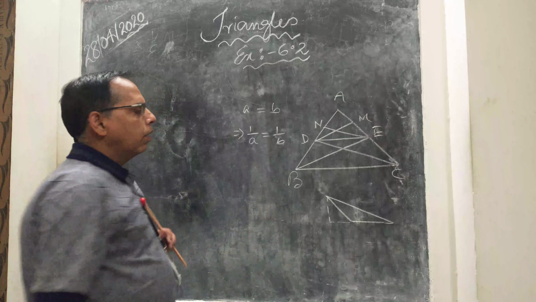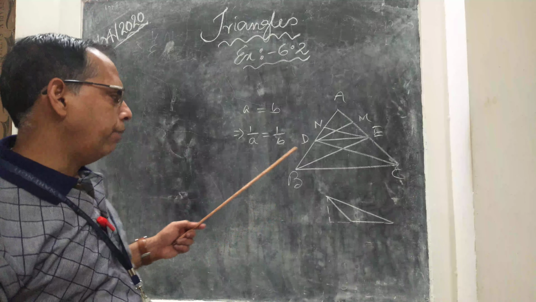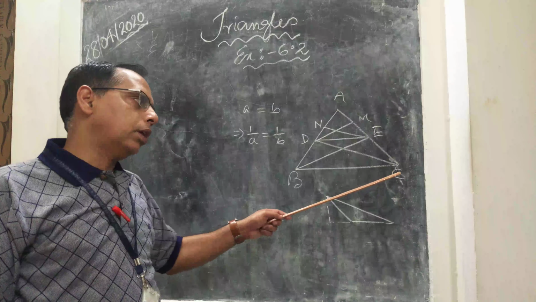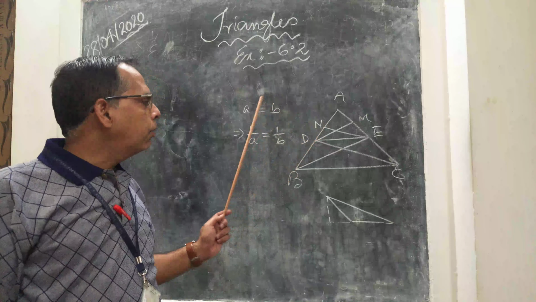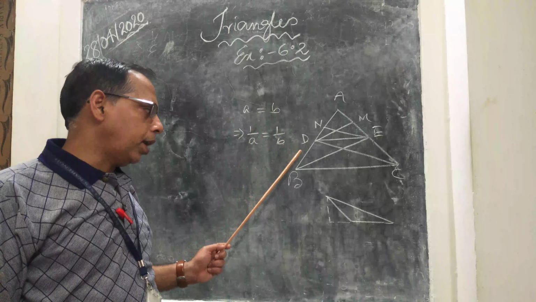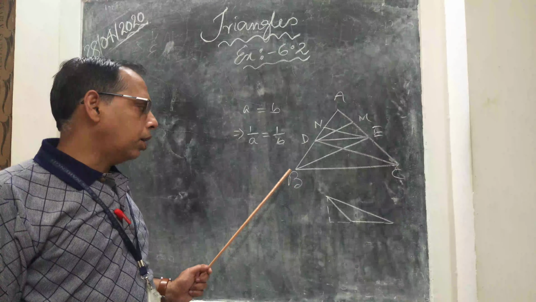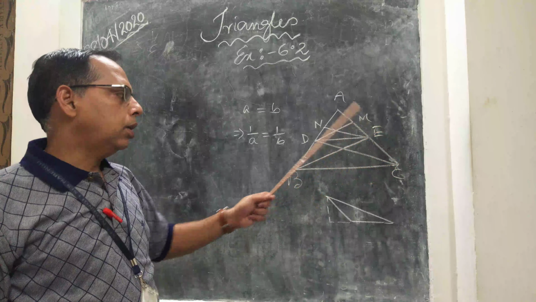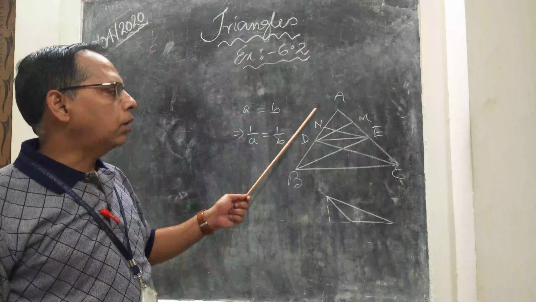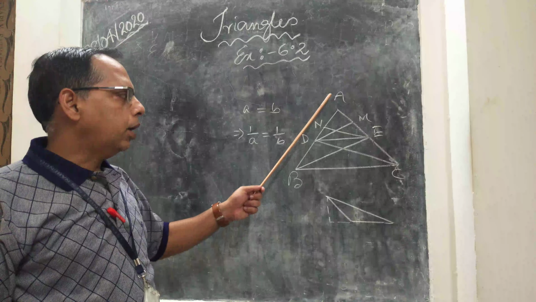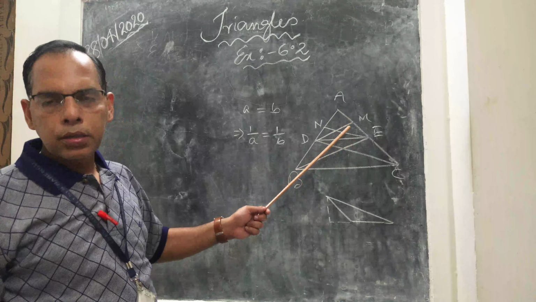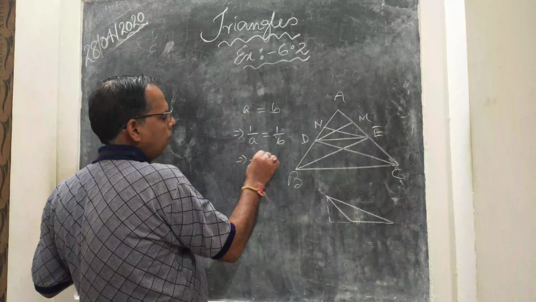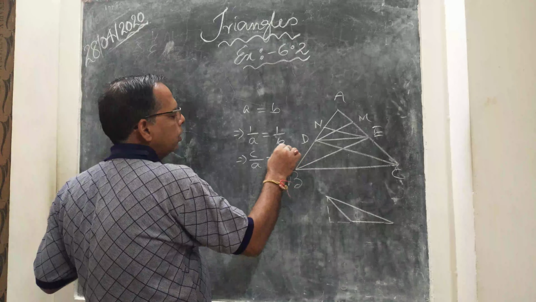Yesterday, in my last video, I showed that the area of triangle BDE equals the area of triangle CED. Now by this property, we can write 1 by area of triangle BDE equals 1 by area of triangle CED, and then you multiply both sides by triangle ADE. If you multiply both sides by the same thing, there will be no change.